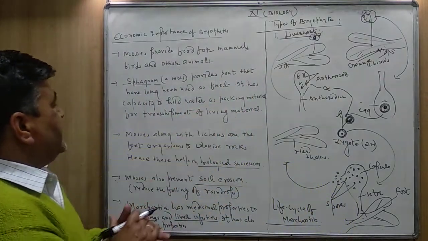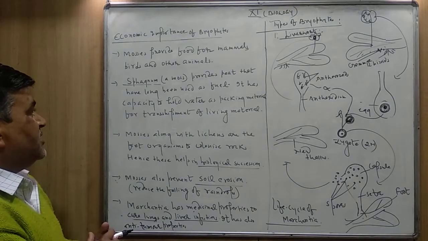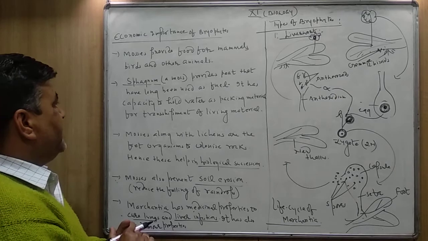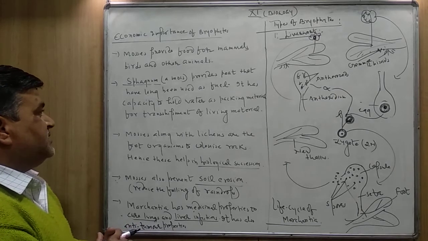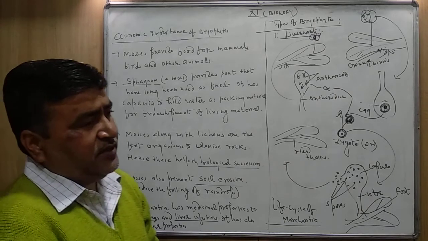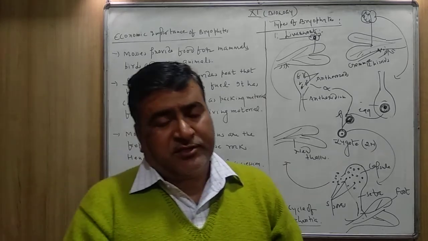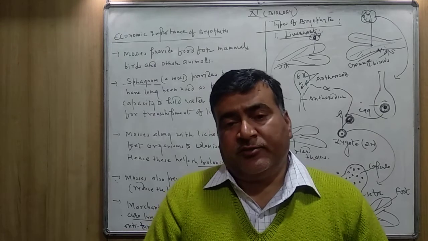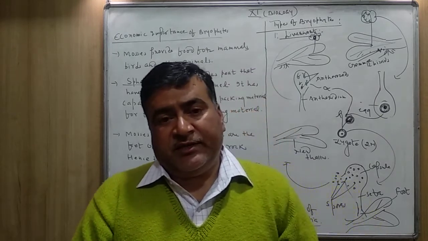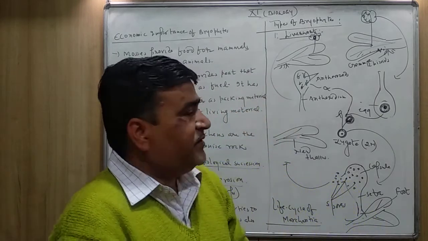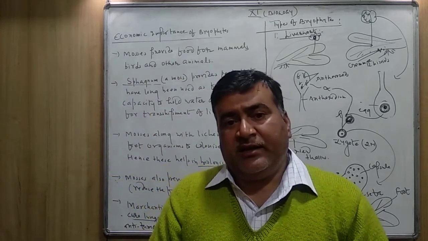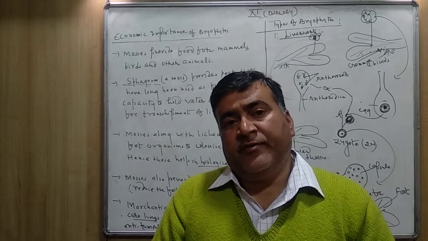Now, Sphagnum also has the capacity to hold water, so it is used as packing material for transshipment of living material. Transshipment means transporting materials from one place to another, especially vegetables and other living materials.